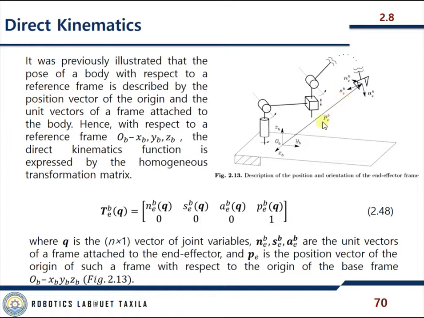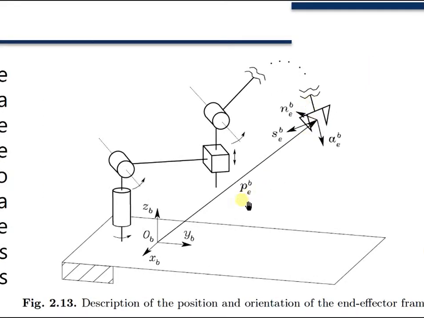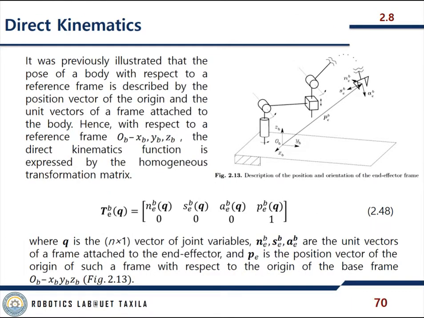Let me zoom that for you. Note that n_e, s_e, a_e, and p_e are functions of q. The frame OB, XB, YB, ZB, is termed the base frame or the body frame.